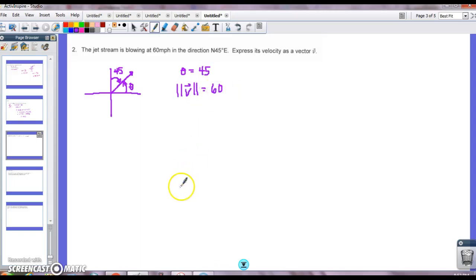So if you want to go ahead and pause it, try to figure it out yourself. You can pause the video and then start it back up again, and I'll show you the answer. Okay, so if we write it out here, I've got v is equal to 60 cosine 45 i plus 60 sine 45 j.